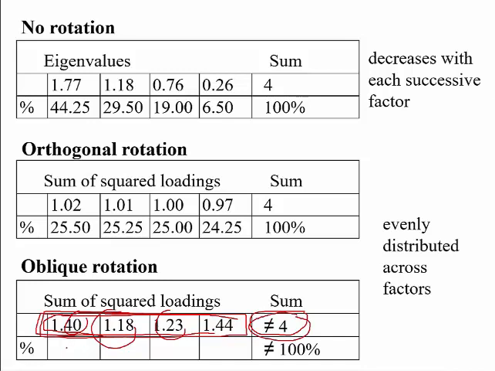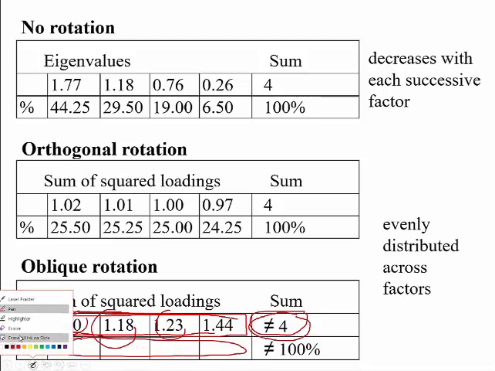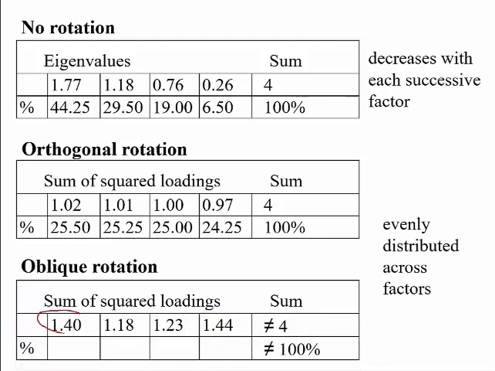And I left this all blank down in here, and that's intentional, because if I took my sum of squared loadings and divided by the number of items, say took 1.4 and divided by 4 and put that value here, that would just be a meaningless value. It wouldn't give me any useful information. I don't know what it would mean.